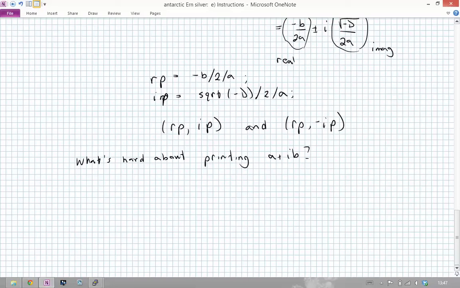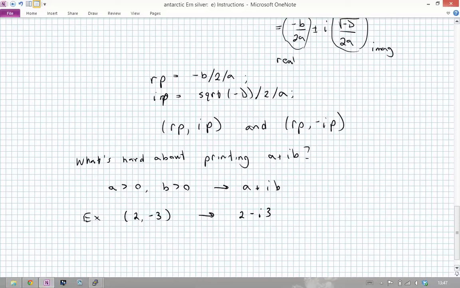In the case where a and b are both positive, this will be perfectly fine. This will look exactly like what we want. Let's consider, for example, the complex number 2 and, say, negative 3. In this notation, it would be 2 minus i3.